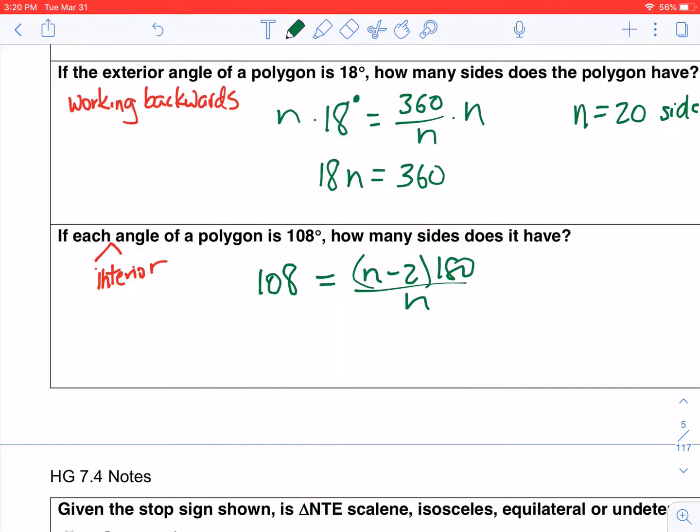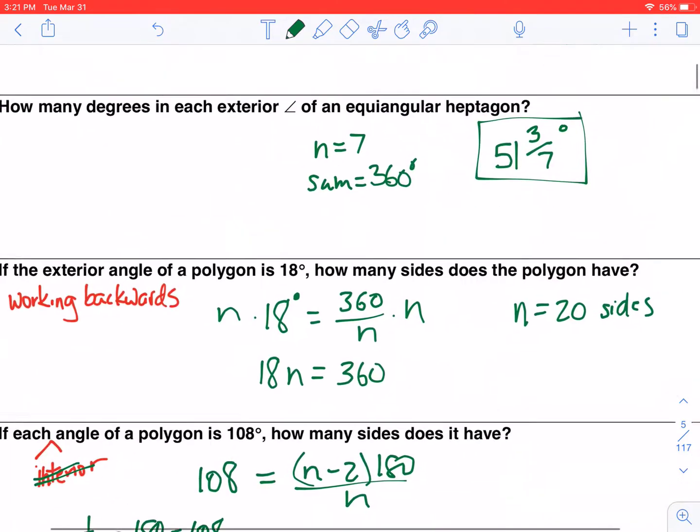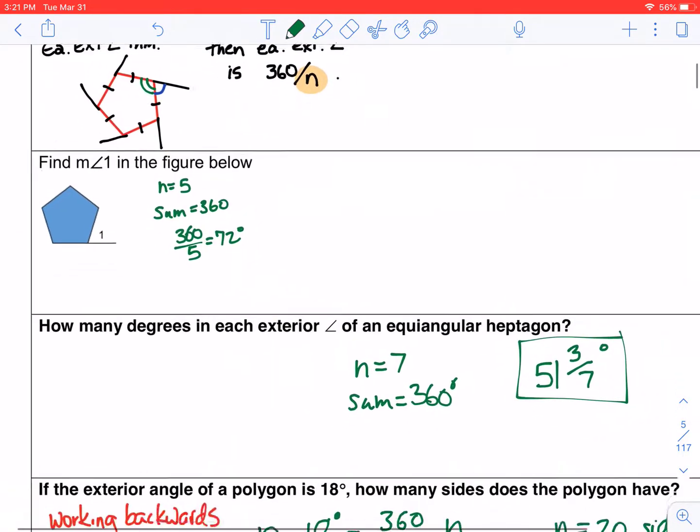The other way is, I'm not going to mess with interior, I'm going to mess with exterior angles because the formulas are much easier there. So the exterior angle in this particular problem, 180 minus 108, you get 72. Now if memory is working for you, you remember, oh yeah, we just did that problem, that's a pentagon.